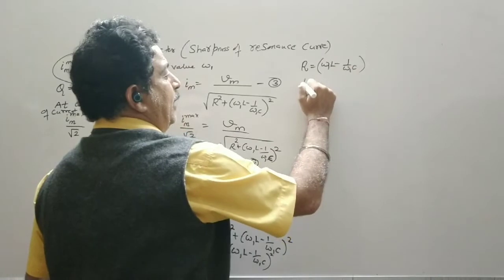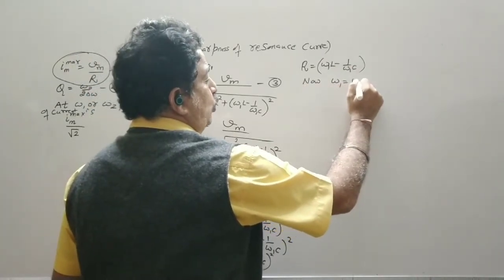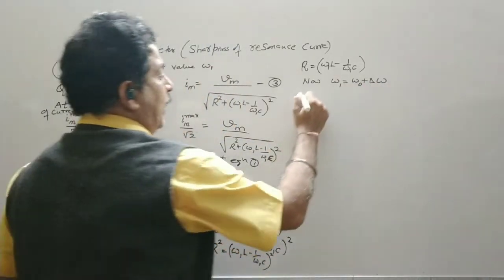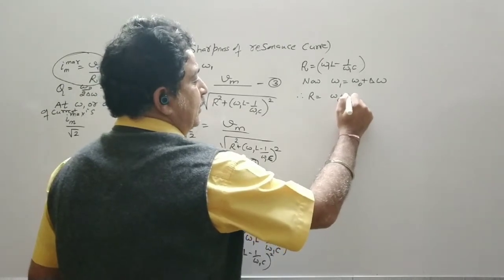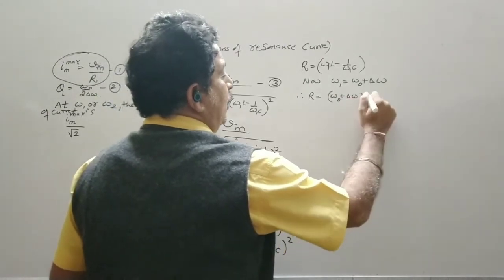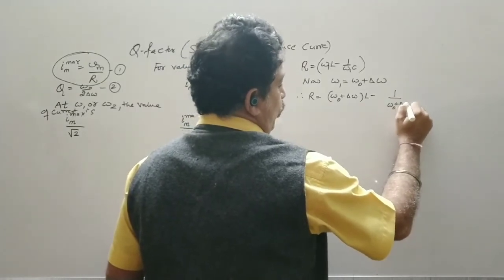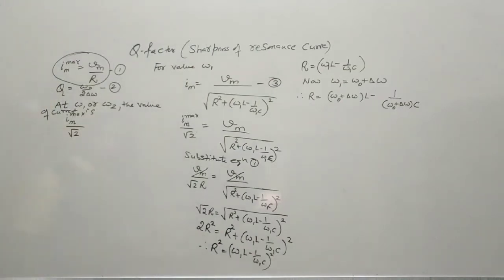Now what is omega 1? We know omega 1 is equal to omega naught plus delta omega. Therefore, R is equal to omega naught plus delta omega times L minus 1 upon omega naught plus delta omega times C. So we substitute the value of omega 1.